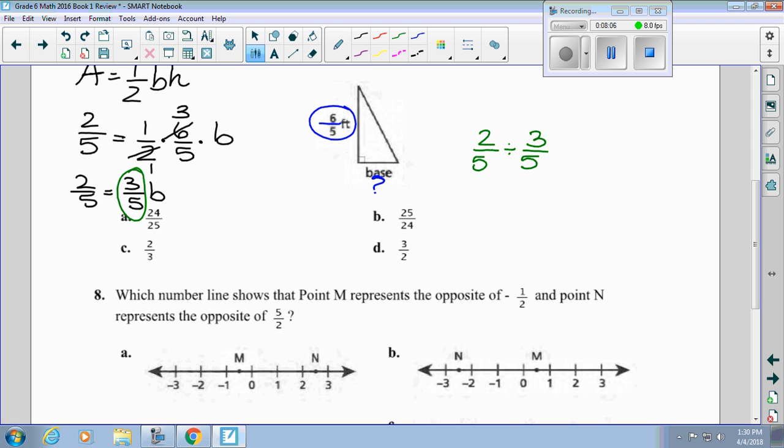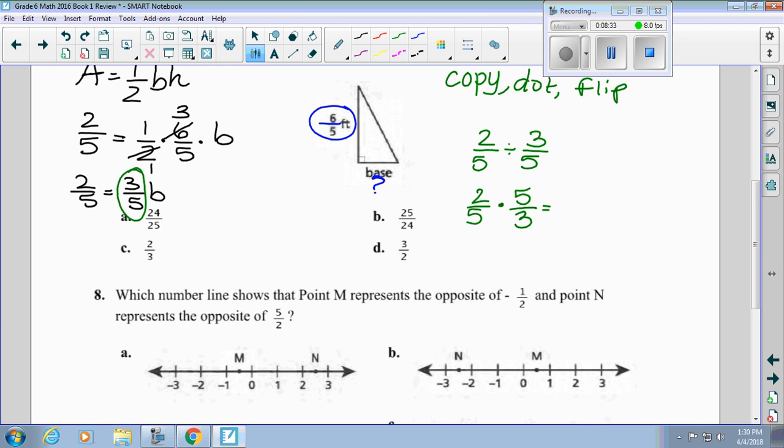All right, so remember this saying, you might want to write it down if you forgot. Copy, dot, flip. So what this means is you bring down the first one, copy the first term, dot, you multiply, and because you're changing that to the inverse operation, we're going to multiply by the reciprocal, right? That's when you flip the fraction upside down.